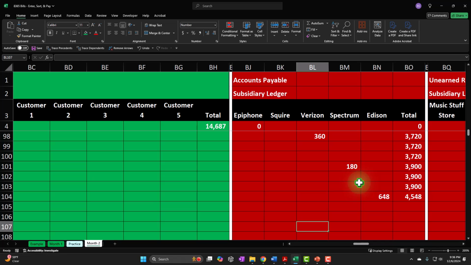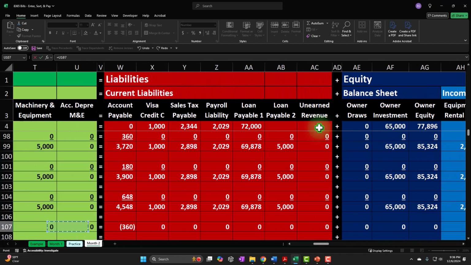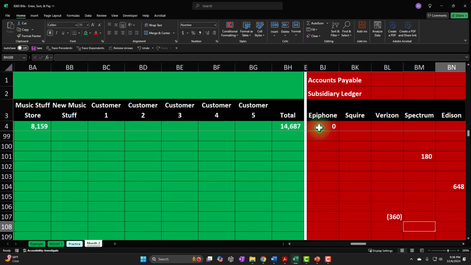It'll have been paid. And the payment will be connected with an added level of connectivity and audit trail that you can do in what I would call a three-dimensional database program, as opposed to this two-dimensional Excel worksheet. So this is going to be equal to the same thing that happened in the AP over here, 360.